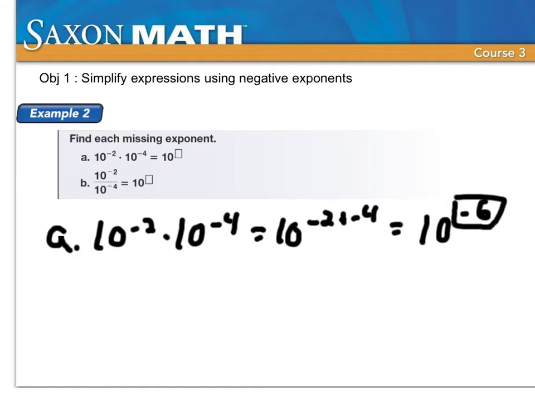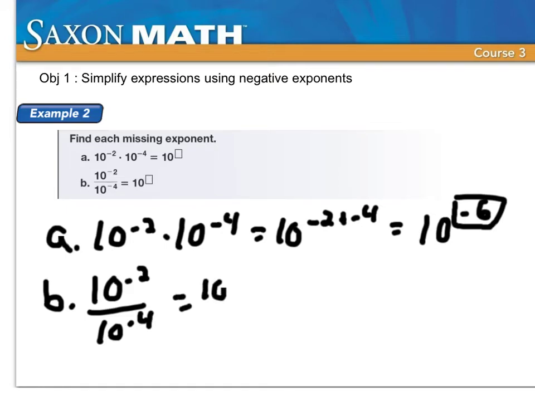Right there. B, when we look at this, remember, this is a division problem, so we are going to subtract the exponent. So this is 10 minus 2, and we take away the negative 4. Well, that's the same as 10, and then we have a subtraction problem here. So remember, we change subtraction problems to addition.